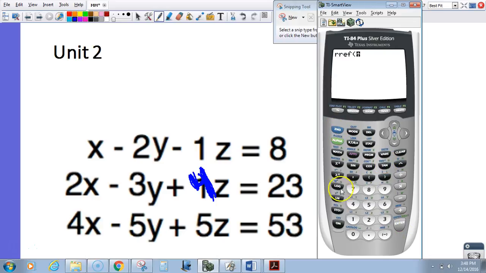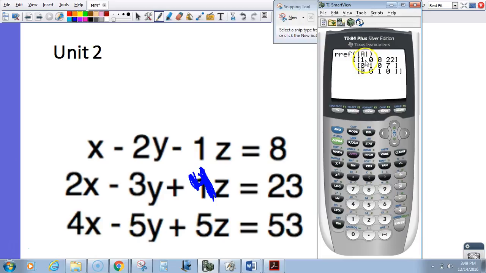And then we've got to go back into the matrix one more time, and we're going to select under names. We just have to tell the calculator which matrix we used. I used A, so I'm going to choose A. If I had used B, I would choose B. We just have to let the calculator know which one we want to use. That's why we have to go back in that last time. And the time before that, we had to tell the calculator what we wanted to do. Now if I hit enter, cool.